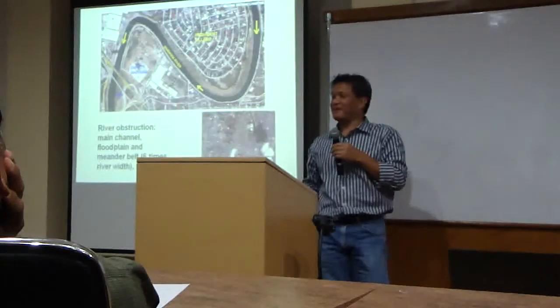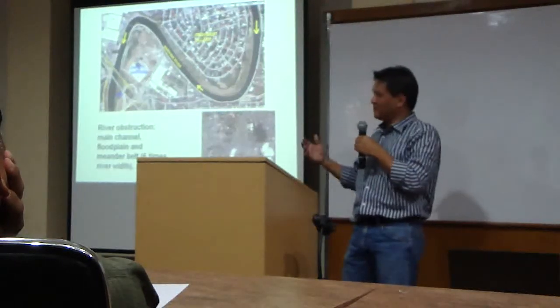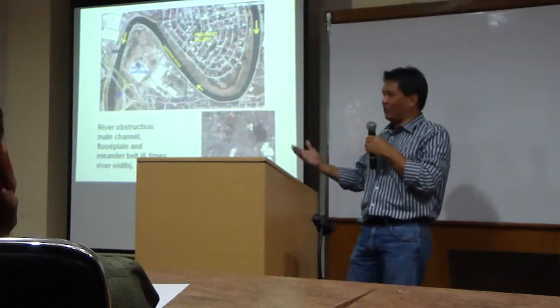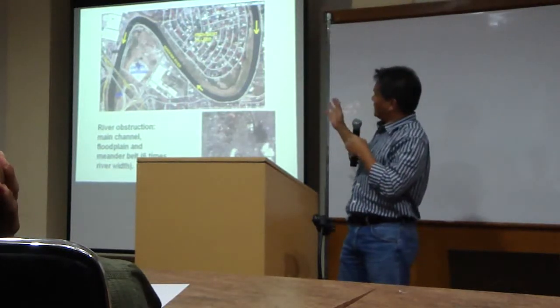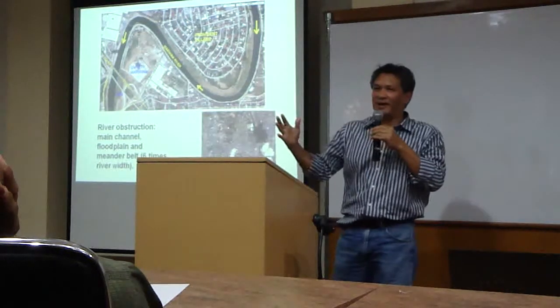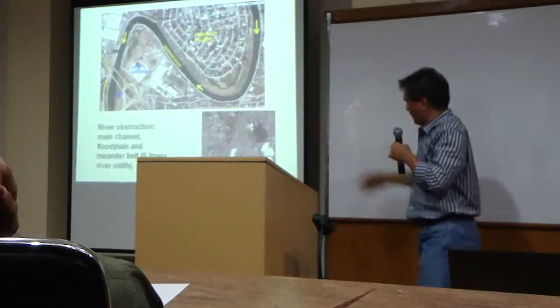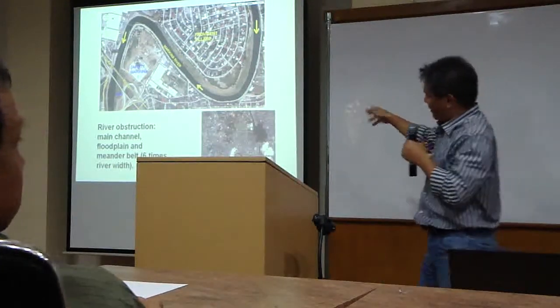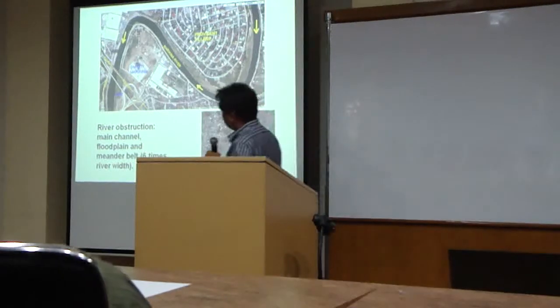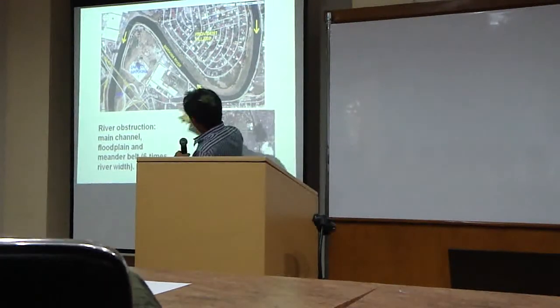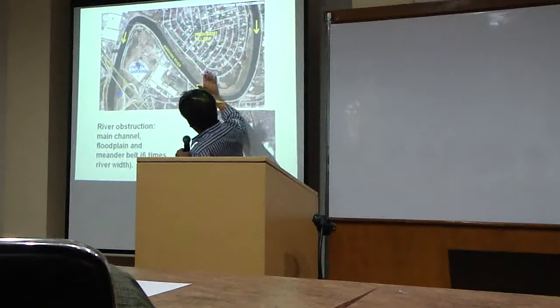In other words, just for the PR or brownie points for the city, it's as if you have a nice floodway for the river system. So anyway, I just bring up a point. Is that a river obstruction? You have the main channel, floodplains.